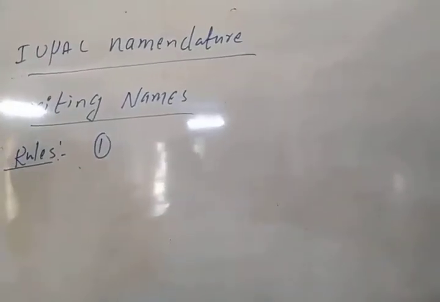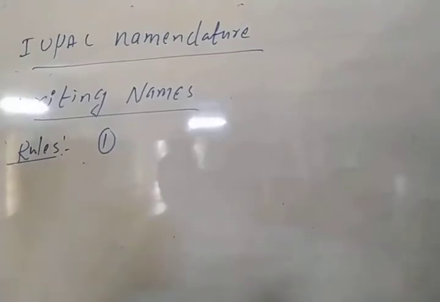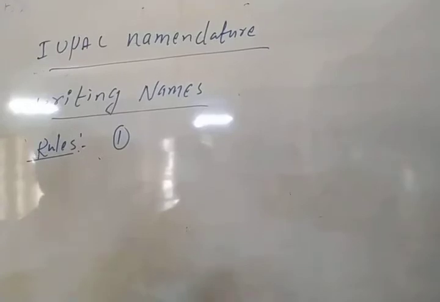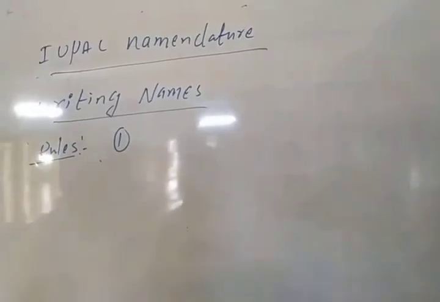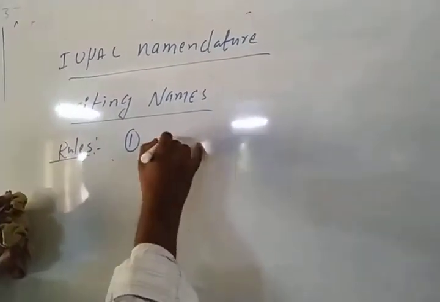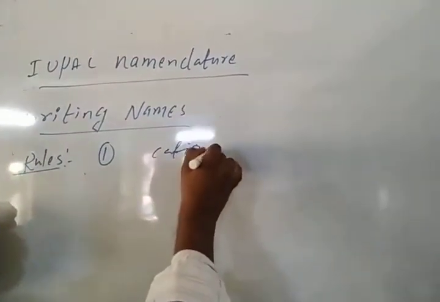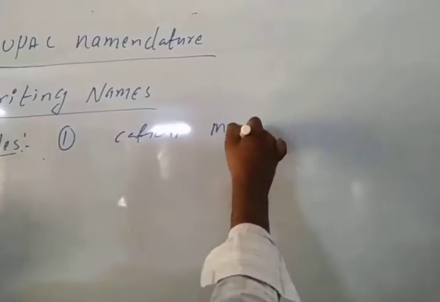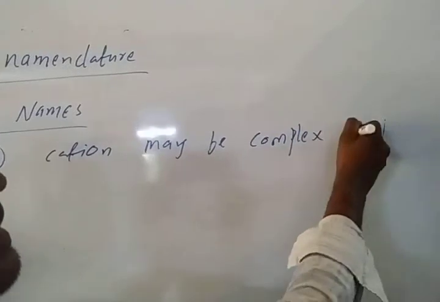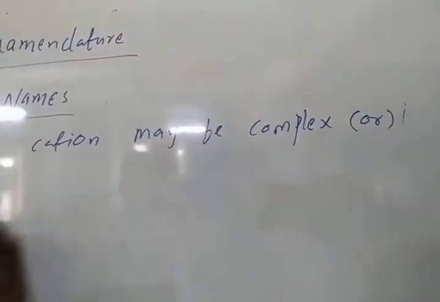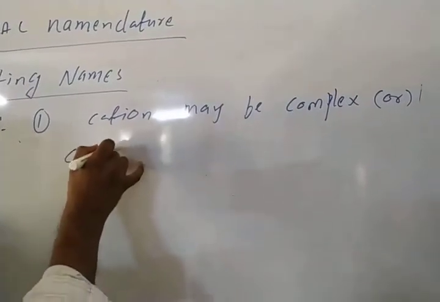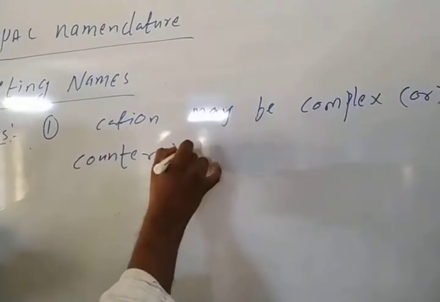First, the cation. The cation may be a complex or a simple ion, a counter ion. It should be named first. The cation may be complex or a counter ion.